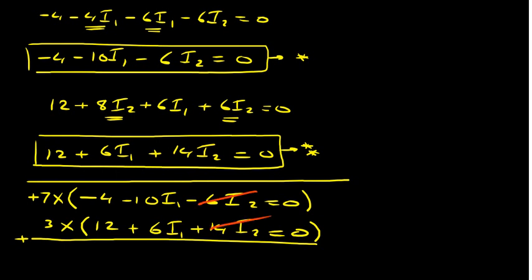What I have left is 7 times minus 4, then I will add to it the second one, 3 times 12, that will give me 8 here. Minus 52I1 equals 0.